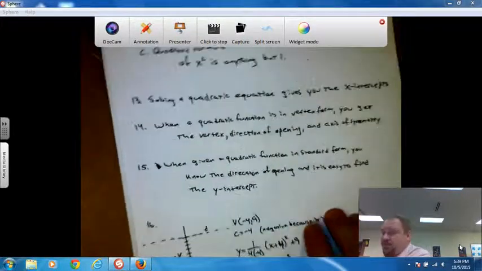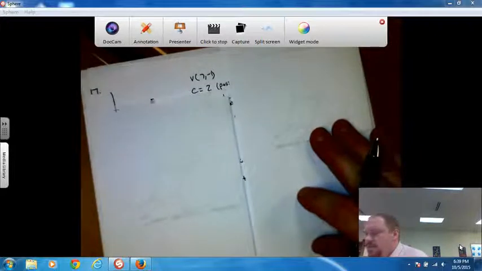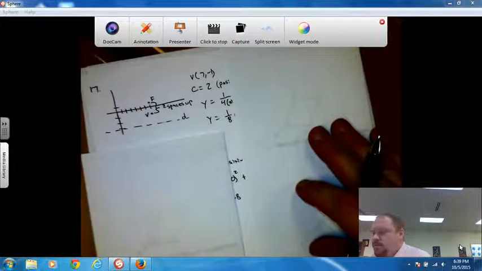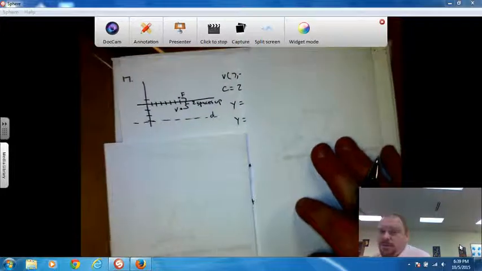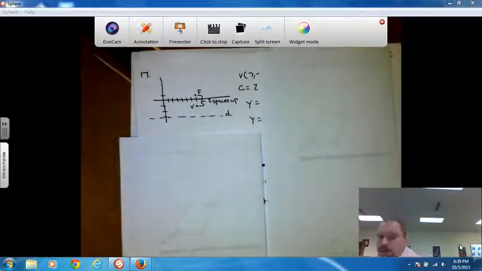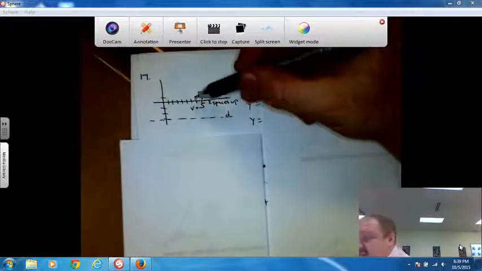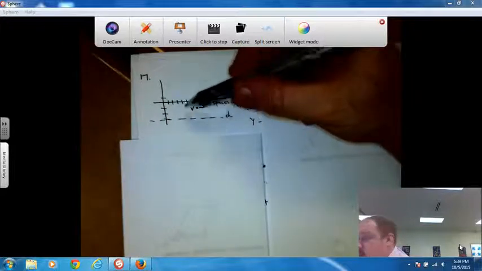Now number 17 and 18. Number 17, okay, there's my graph. I always start with the graph. Always, always, always. Okay, my focus is at 7, 1. The directrix is at y equals negative 3.